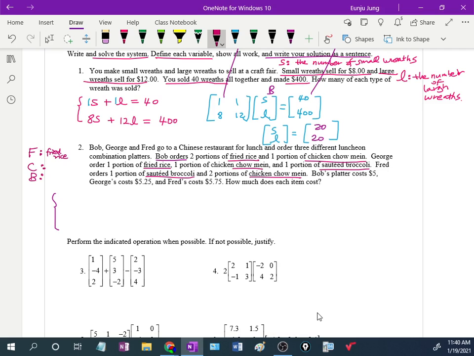We don't know each item price, so we need to do it similarly to what we did above. I need to think about the total sum. Let's start with Bob. Bob ordered 2 portions of fried rice and 1 portion of chicken chow mein, and that's it, so nothing for broccoli. And he paid 5.25.